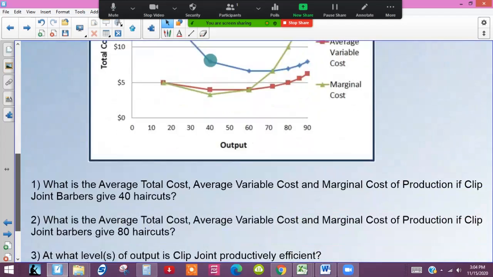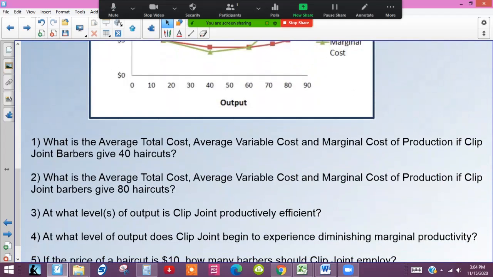Now, the next question is, at what level or levels of output is Clip Joint productively efficient? Now, if you remember, well, I'm not sure we've gone over this or not. I think we have, but if we haven't, the way we determine or define what it is to be productively efficient is where average total cost is at its minimum.